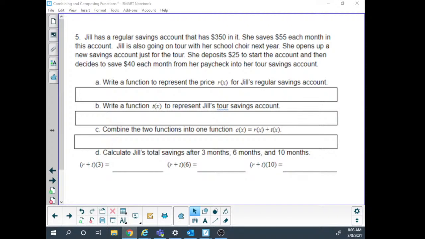Jill's savings account, number 1, table L. What's going on with R of x? I got R of x equals 350 plus 55x. What do y'all think?